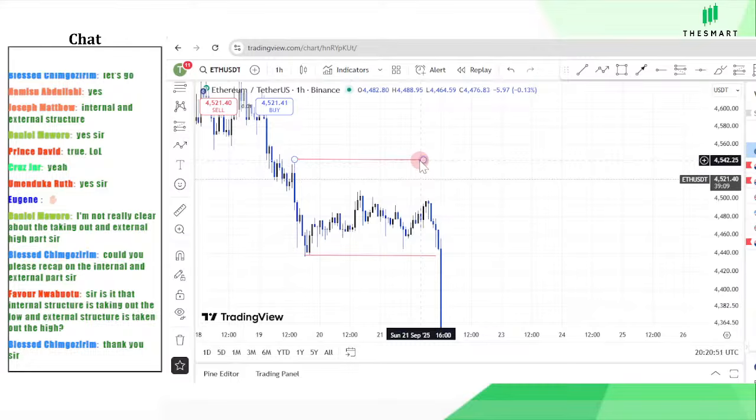Now we have this structure. Where is the internal structure? Price moved and gave you this high. After giving you this high, price moved here. It moved up, it pulled back down, it moved up.